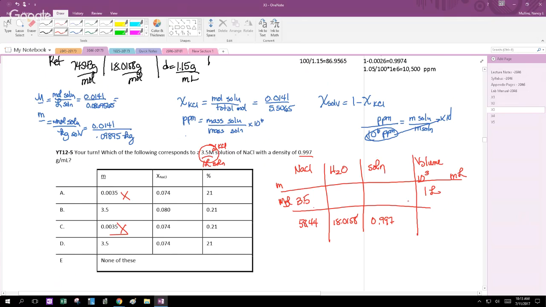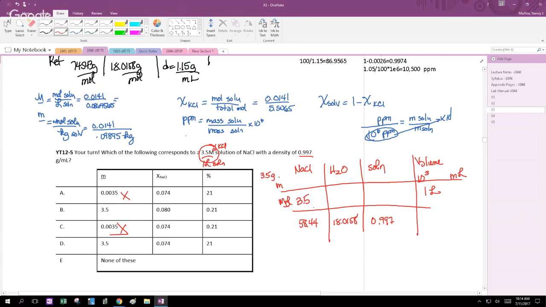What else do I know? What do you think, Carlos? What should I do next? How am I going to do that? Yeah, sure. The molar mass.